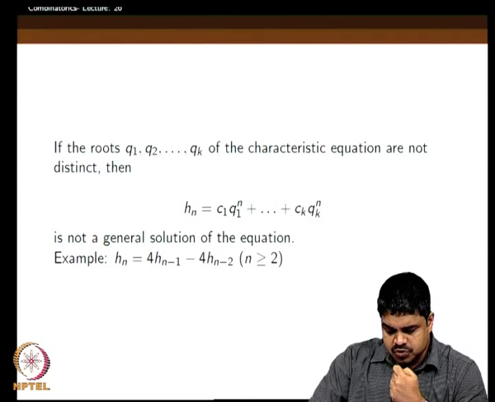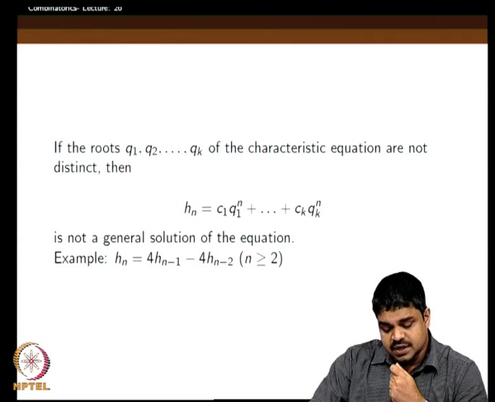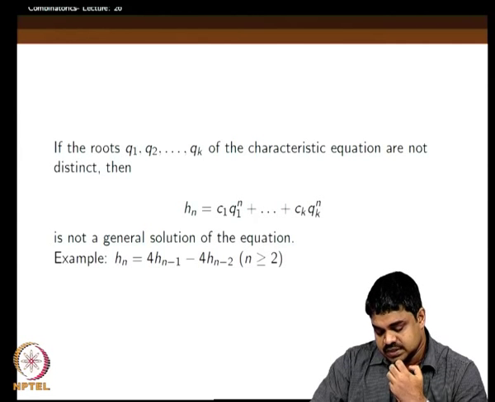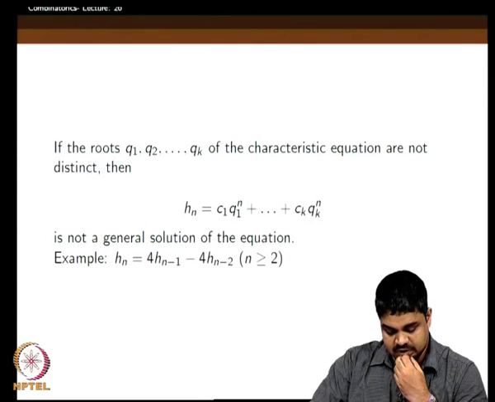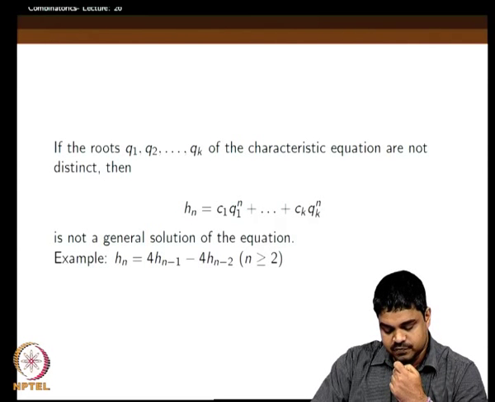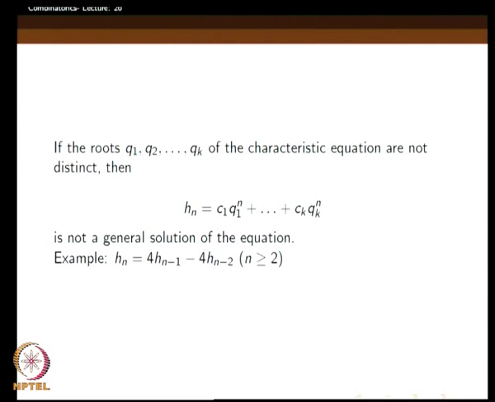Then you can note that Hn equal to C1 times Q1 raised to n plus up to Ck times Qk raised to n need not be a general solution for the equation. It will be a solution, of course, by the earlier argument, because Q1 raised to n, Q2 raised to n, up to Qk raised to n are all solutions, and then we can also combine them.